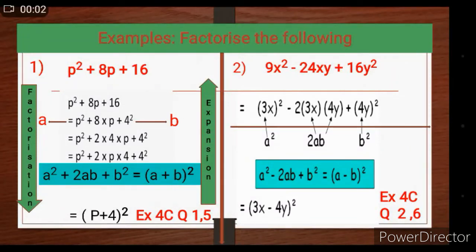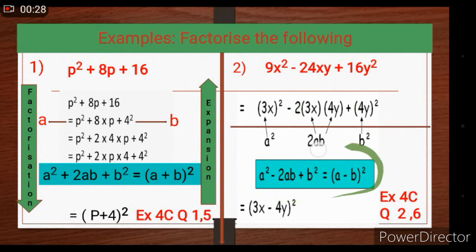Now the second example, that is 9x square minus 24xy plus 16y square. Identify the square of the first term and the square of the second term. The first term is 3x, the second term is 4y. Here I mentioned a square, b square, and this term is 2ab, and this 2ab has a minus sign.